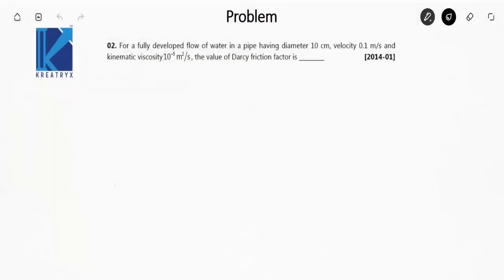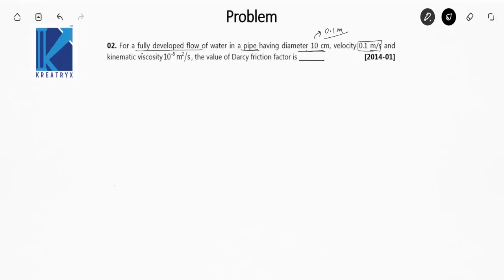Next, for a fully developed flow of water in a pipe having diameter 10 centimeter, that is 0.1 meter, right, here only the values in SI units. Velocity is also given as 0.1 meter per second, and the kinematic viscosity is 10 raised to the power minus 5 meter square per second.